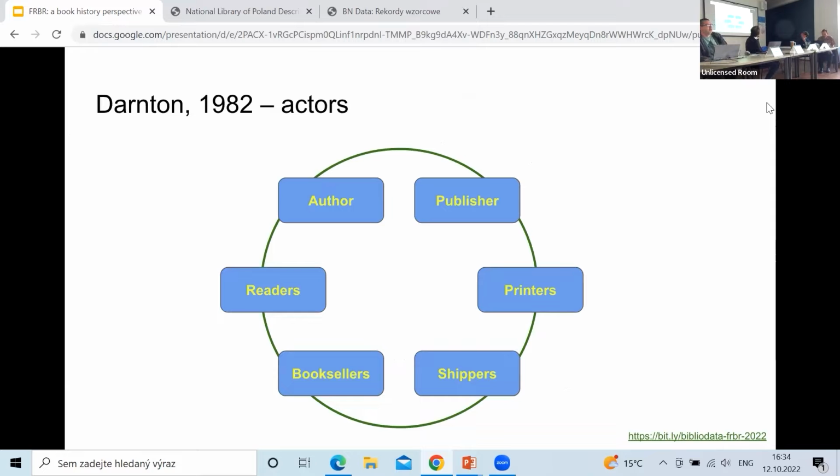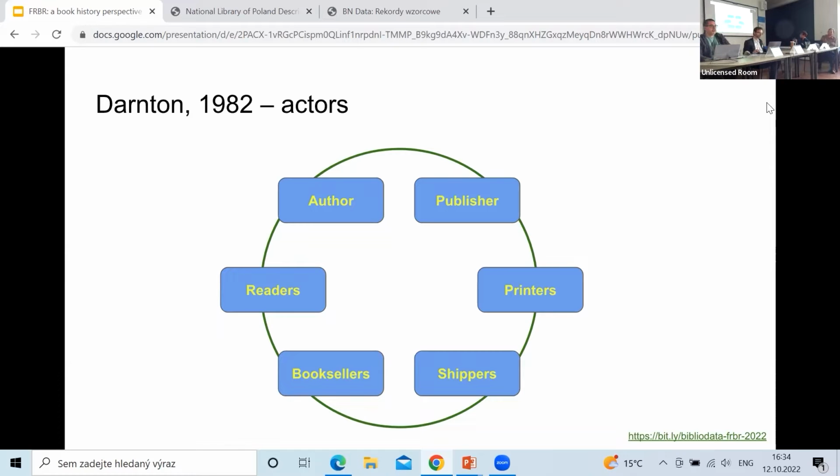One model is the FRBR, whatever we call it, and the other is the model of book history. And this model rather maps the subtopics of what the book history is about. So what are the main actors, the main events, and so forth, which the book history is about.